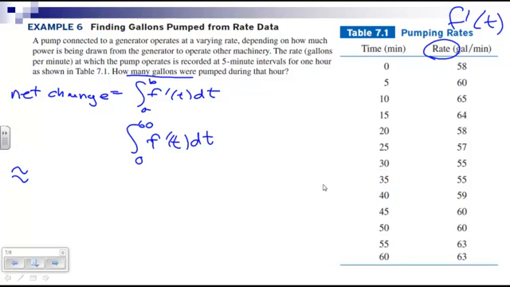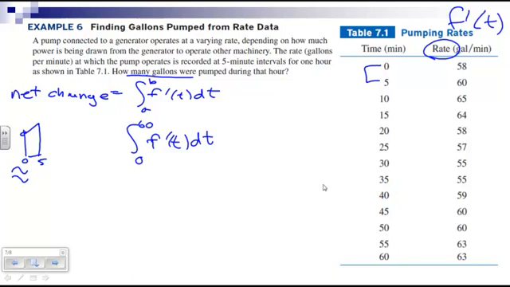All right. So the trapezoidal method, for each of these areas, we're going to picture a trapezoid. The trapezoid has 2 sides. One is the height of the rate at 0. The next one is the height of the rate at 5 minutes.